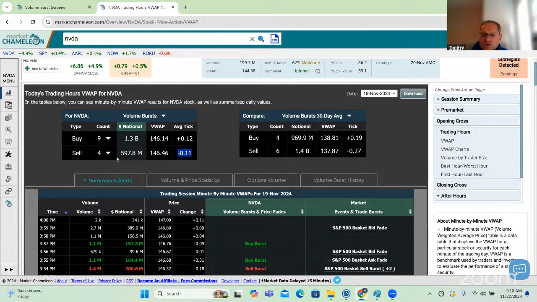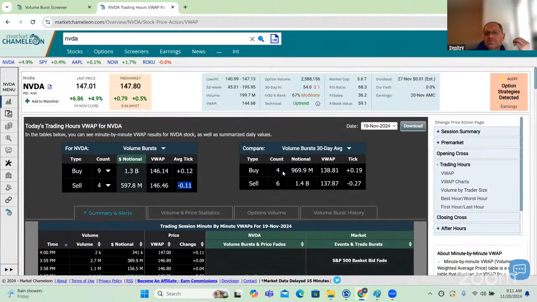And we could also compare it on average. What does it look like per day, right? So if we looked at the last 30 days, let's just compare it to a benchmark of the last 30 days. On average, you could see that there were 4 buy bursts on average with almost $1 billion worth of stock.